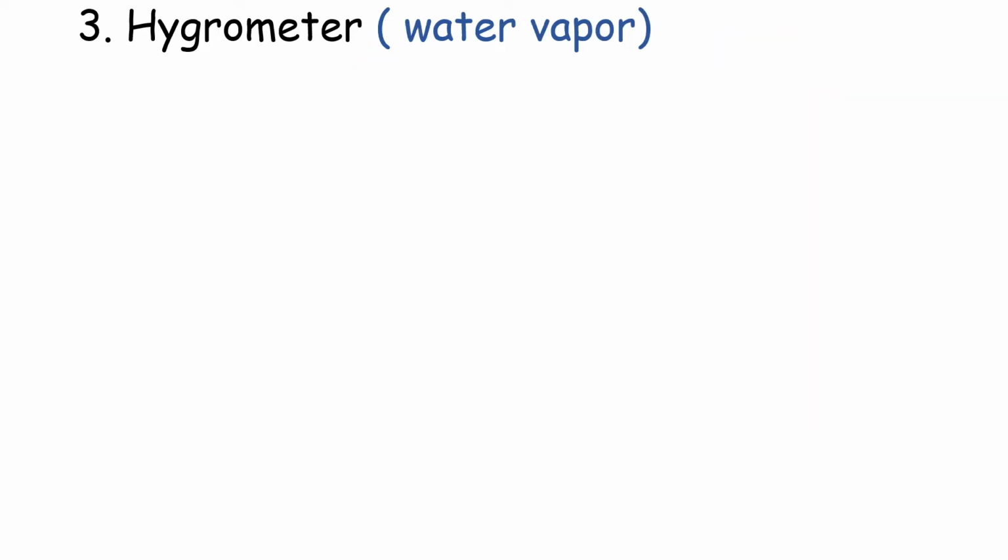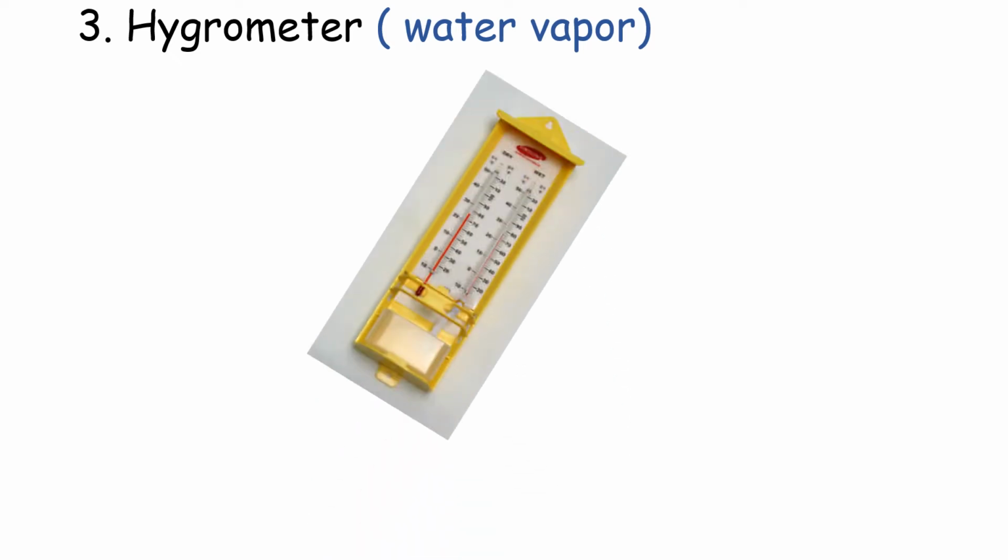Well, let's go to tool number 3, hygrometer. Between two brackets, water vapor. Okay, why did we write water vapor? Because scientists use a hygrometer to measure how much water vapor is in the air. And this is the shape of this tool.